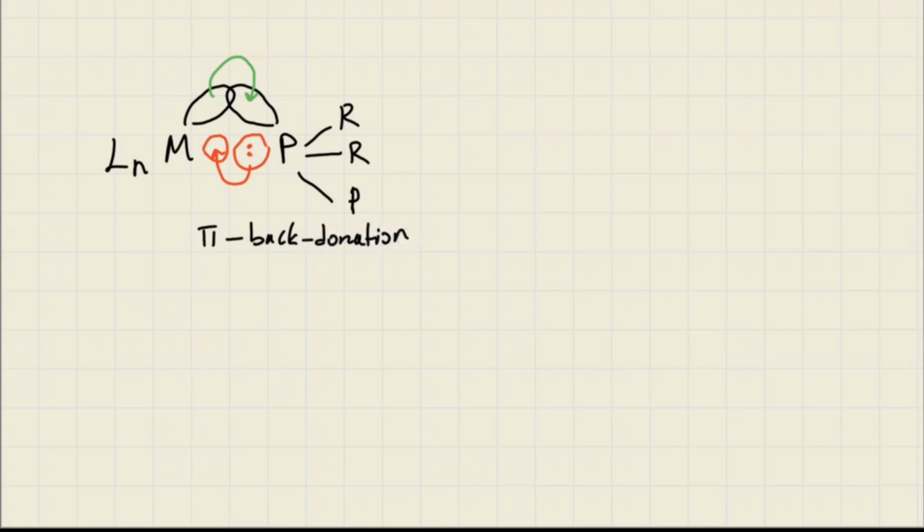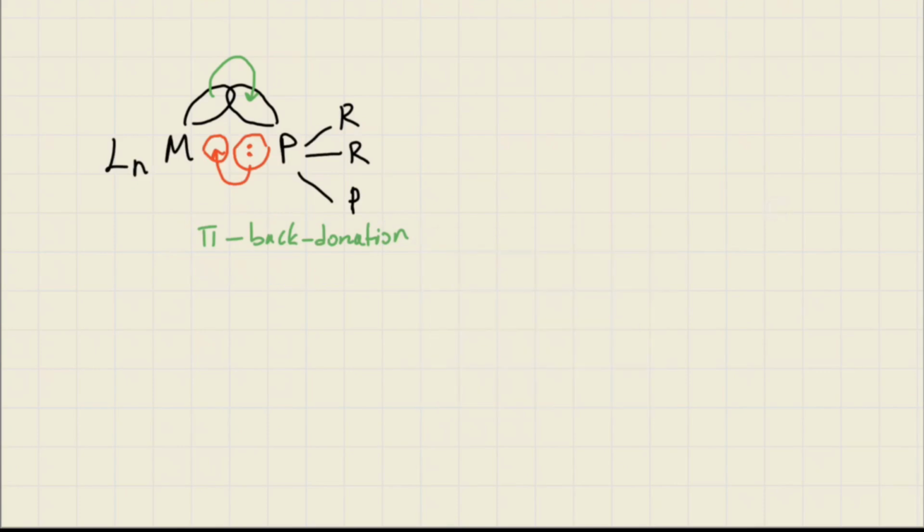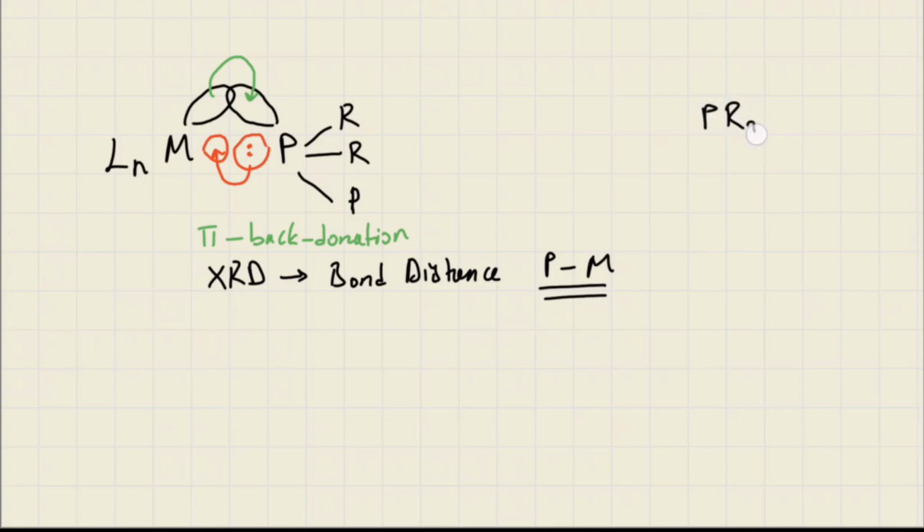So this green thing, maybe I can make it green. So this is pi-backdonation, and we can experimentally prove it by using infrared or XRD. So XRD data can be used to determine the bond length or bond distance between the P and metal center. And for instance, we have a PR3, okay, and maybe we have PR2F.